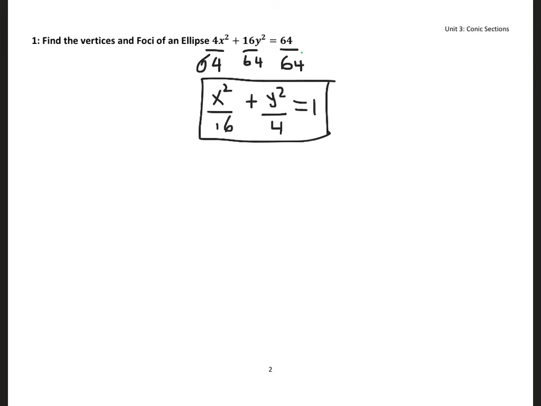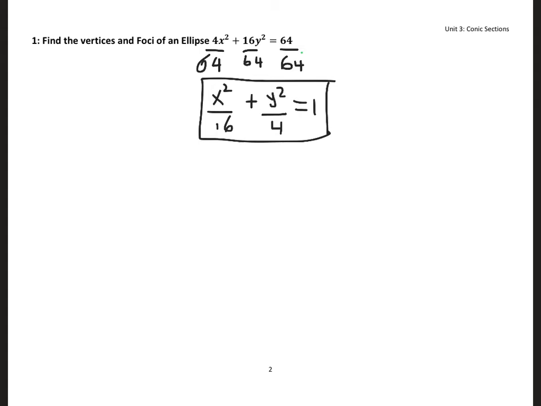When we divide everything by 64, we get x squared over 16 plus y squared over 4 is equal to 1. So there is the equation.